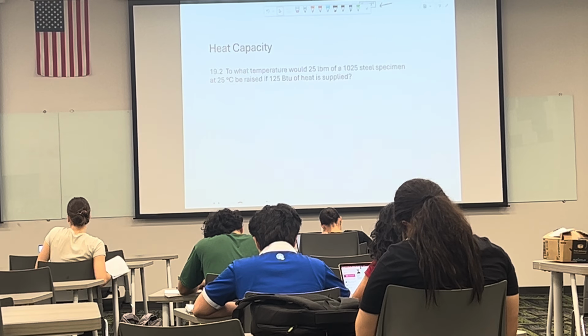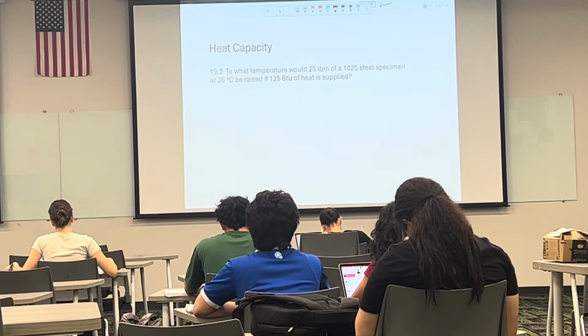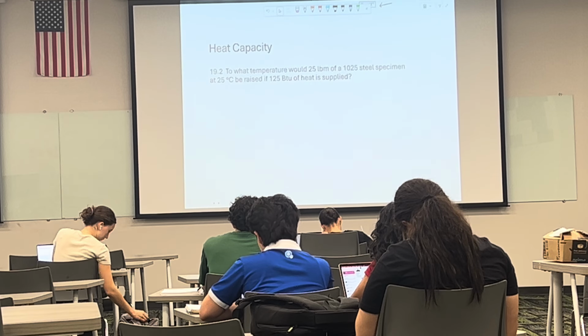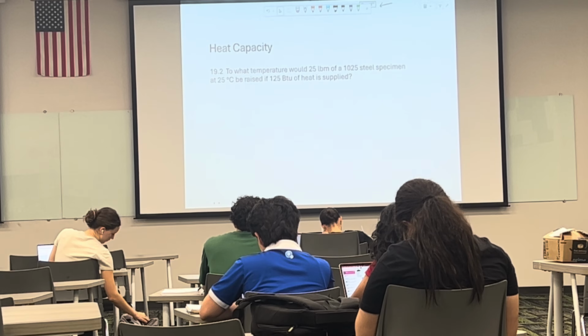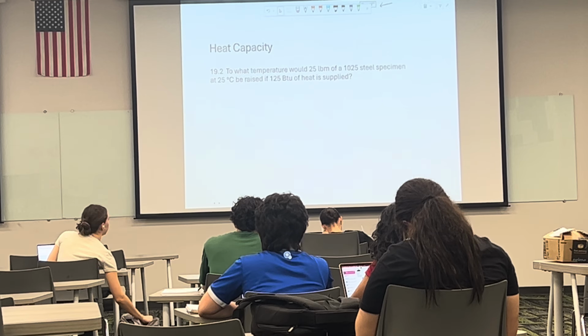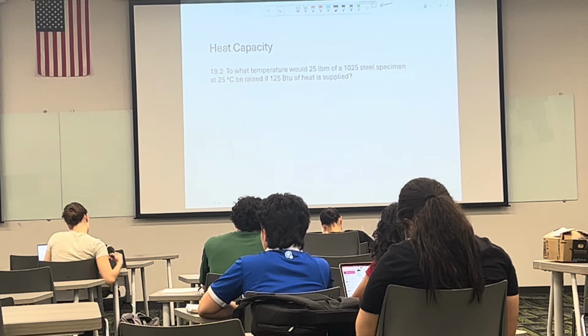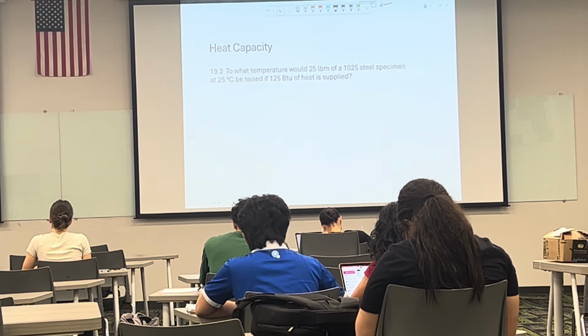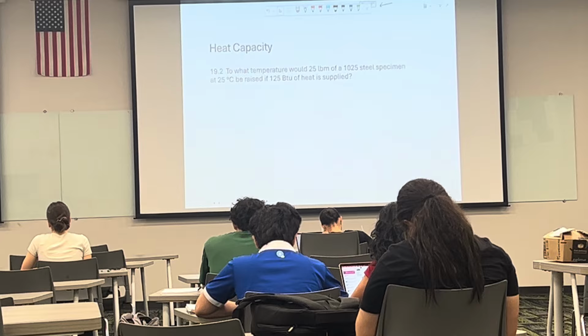I wish they would use metric instead of the English system, but it is what it is. Feel free to try that one, and I'll make sure I understand it correctly so I can help you guys go through it. Fortunately, it's not too involved.